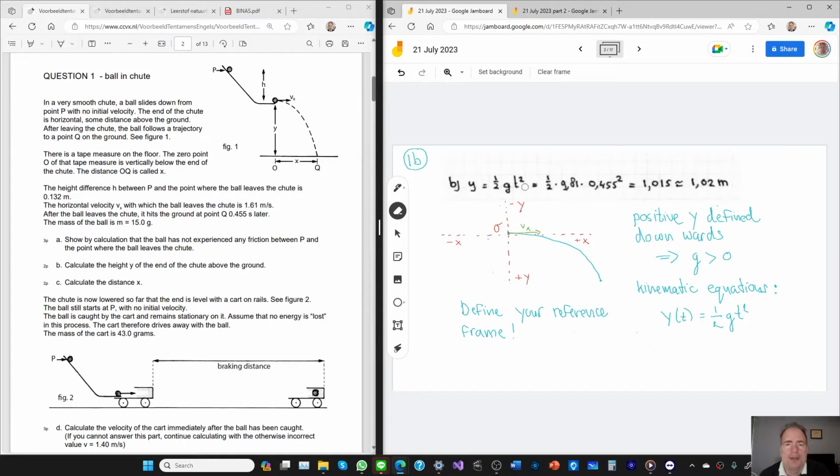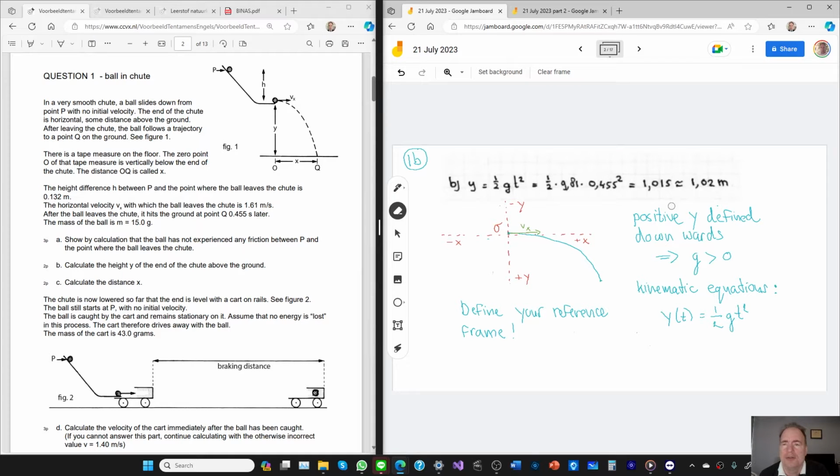Use the kinematic relation and then just plug in the time it hits the ground, and you can calculate what the total displacement was.